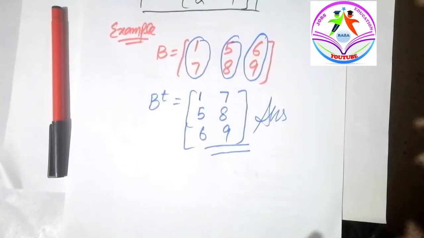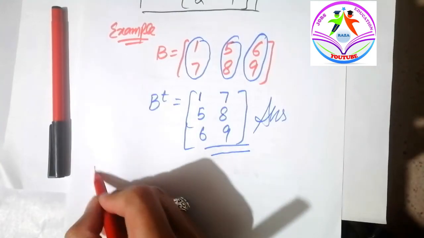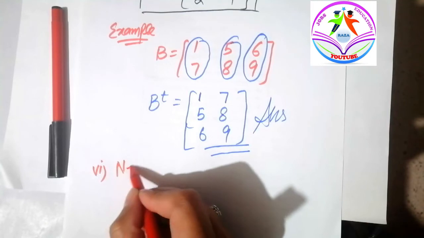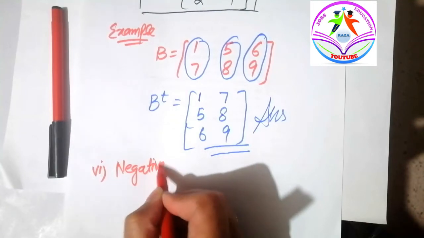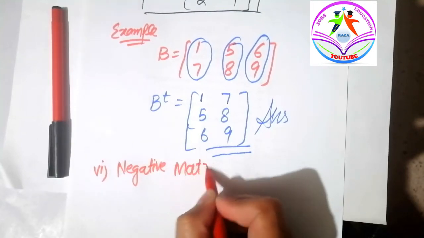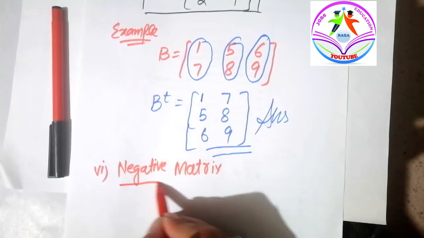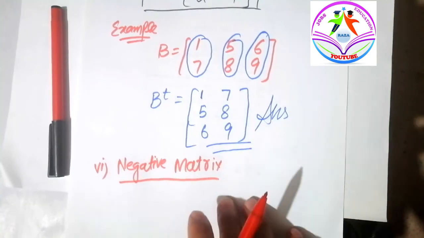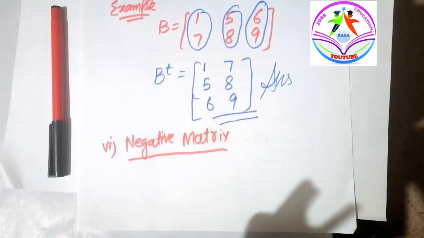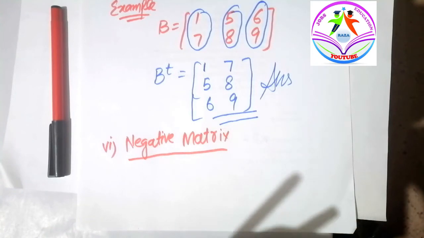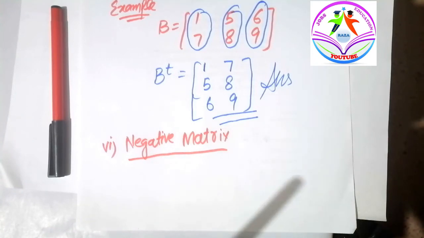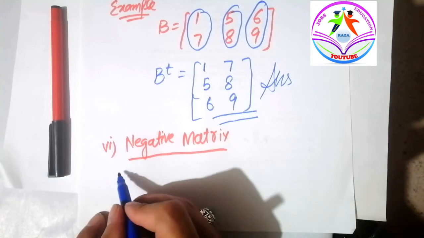Now let's move toward another type of matrix called negative matrix. I know most of the students have confusion about this negative matrix. How can we define that? We can define this by changing the signs of every element.